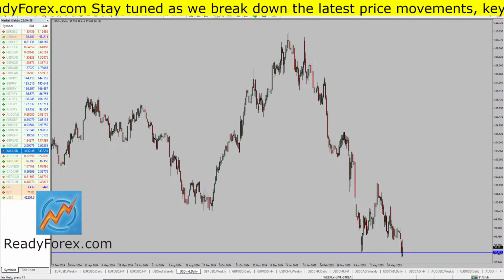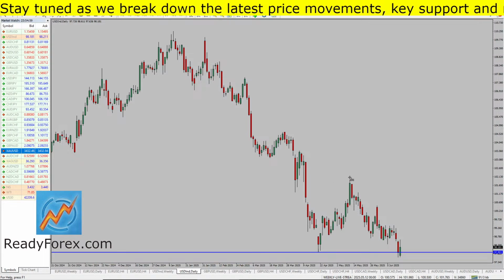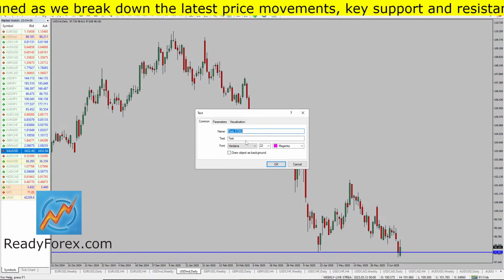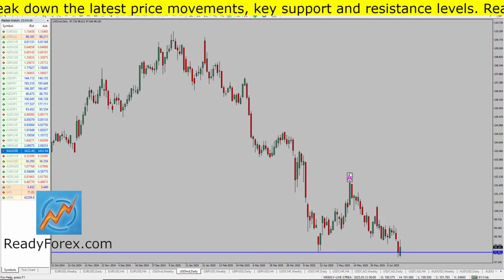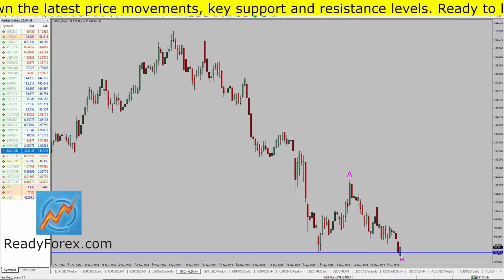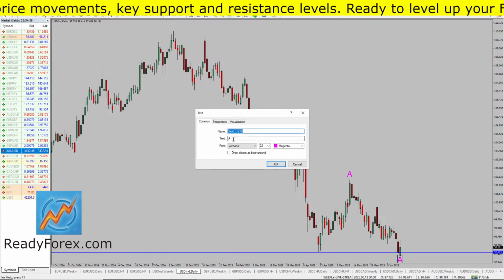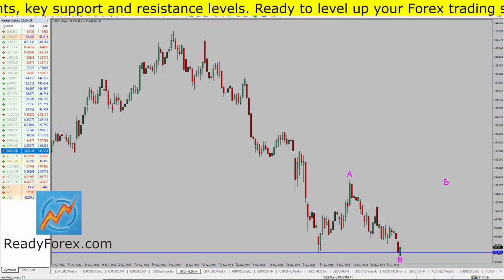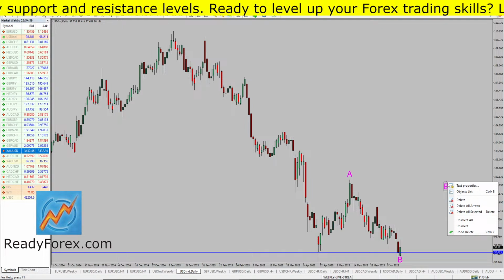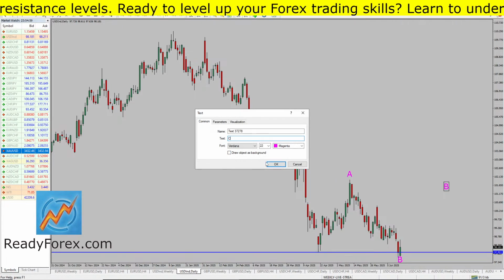Now based on the Elliott Wave scenario, let me label this chart for you guys. So this is wave A, then most likely a bearish wave B leg over here, and after this bearish wave B, expect a bullish leg, wave C. So this is what I'm expecting.